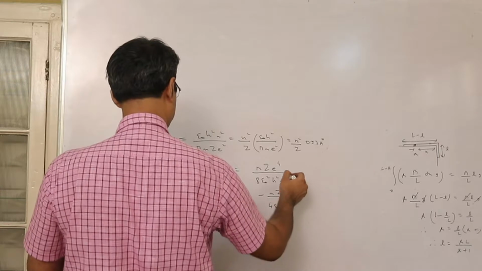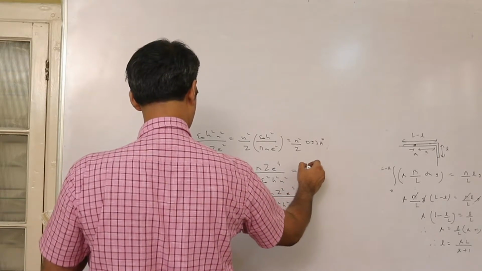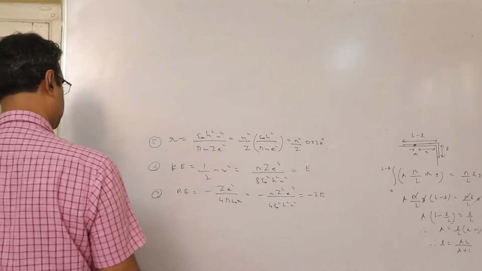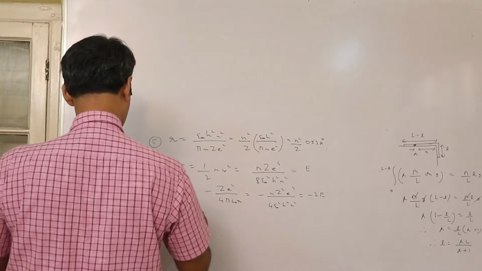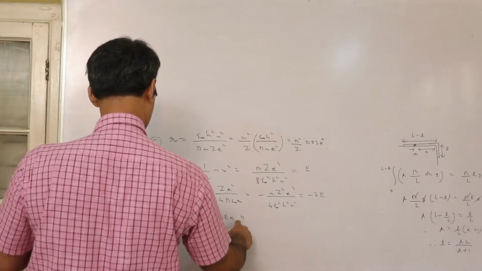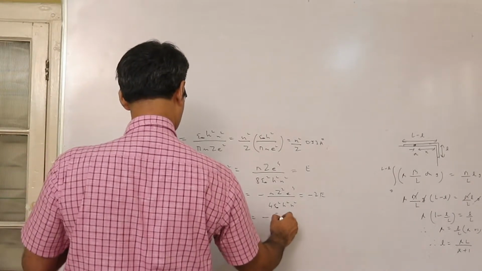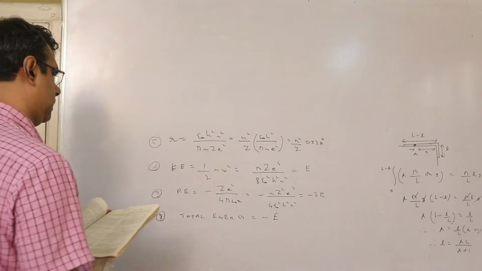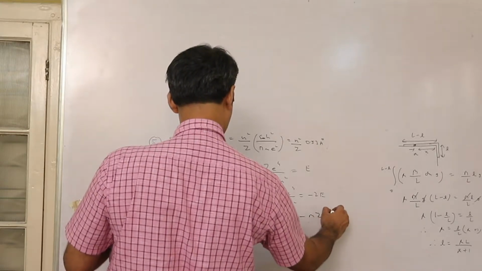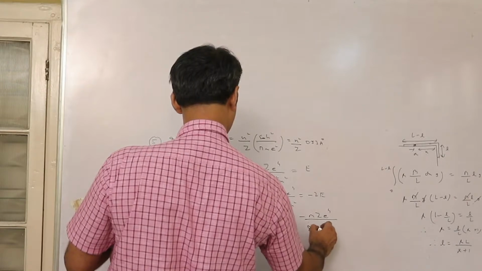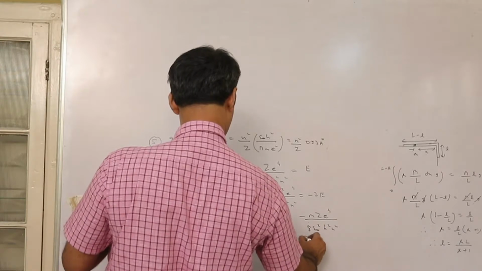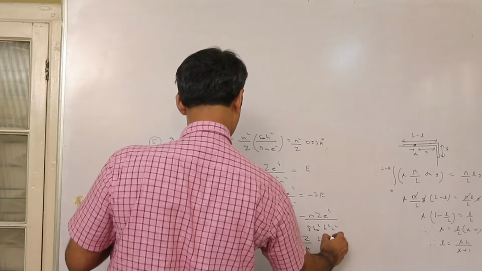Now you will notice one thing, that if you take the kinetic energy as E, then the potential energy is minus 2E, and therefore the total energy is coming as minus E, that is minus m Z square e to the power 4 by 8 epsilon naught square h square n square, which can also be written like this.